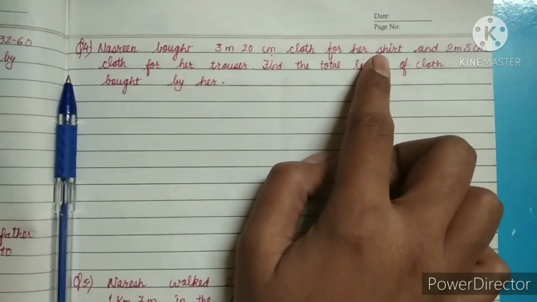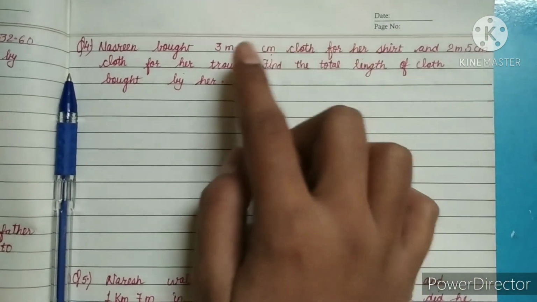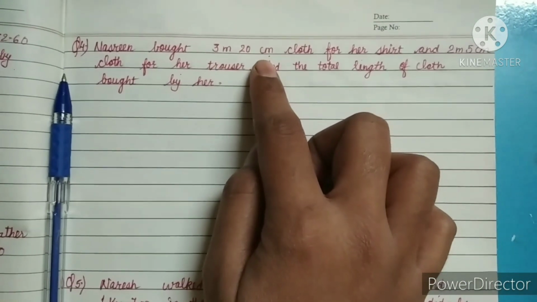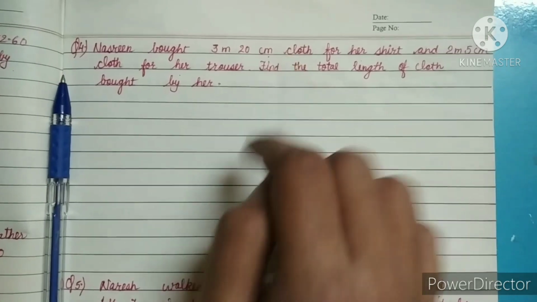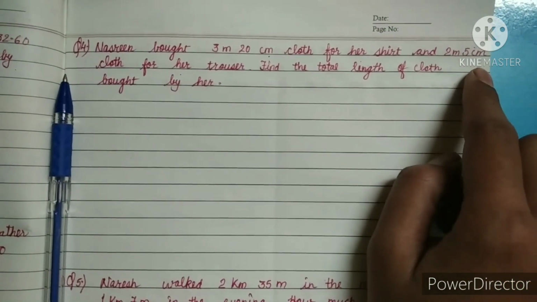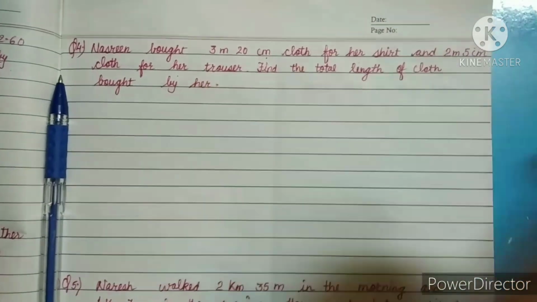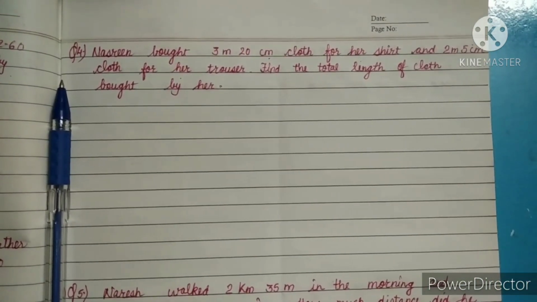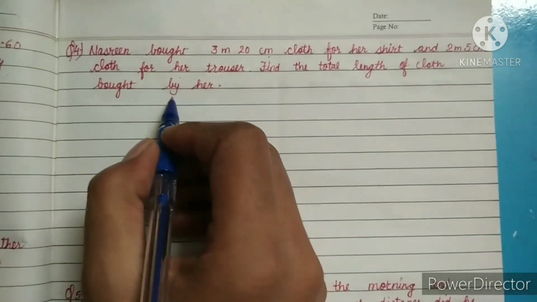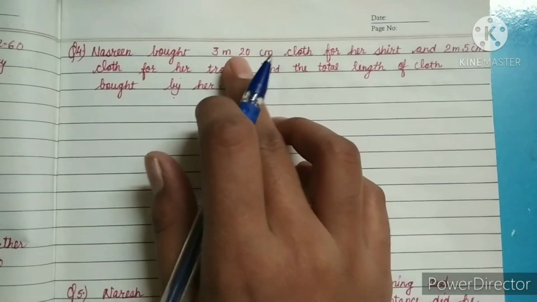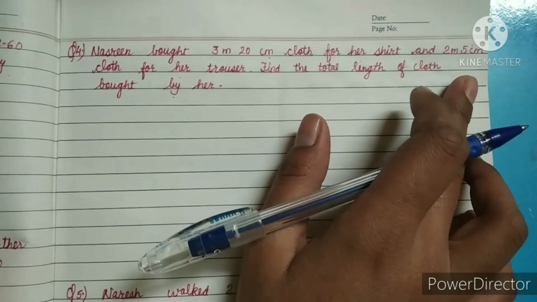The first kind of cloth for the shirt has a total length of 3 meter 20 centimeter. And the second kind of cloth purchased is 2 meter 5 centimeter for the trouser. Okay, find the total length of cloth bought by her. So we have to find out the total length together for the shirt and for the trouser.